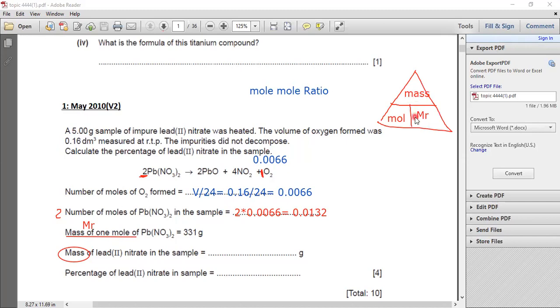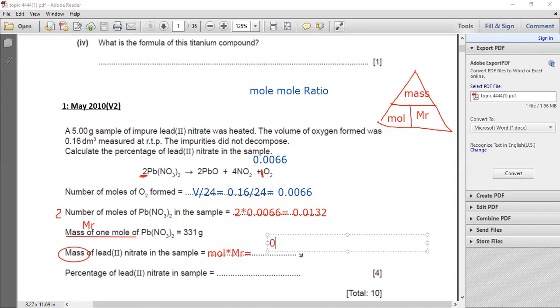Now I need the mass. So mass equals moles multiplied by MR. He needs the mass here. What is the number of moles of PbNO3? I already did it here in number 2: 0.0132.